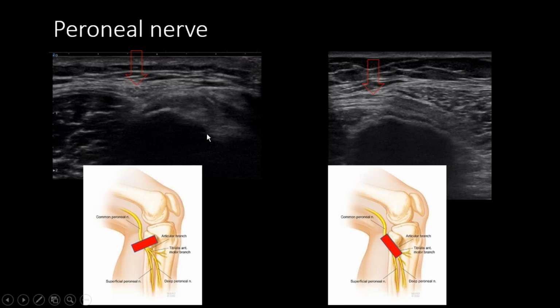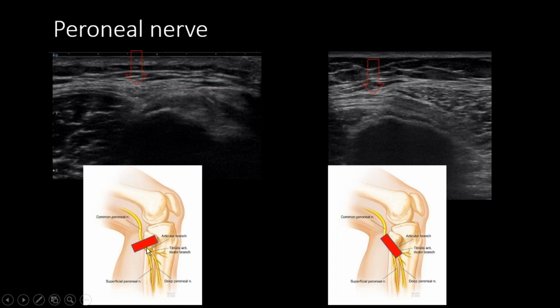So let's start with the scanning technique for the peroneal nerve. So the peroneal nerve or common fibular nerve branches out from the sciatic nerve on the posterior aspect of the knee, and it wraps around the fibular neck, as you can see here.